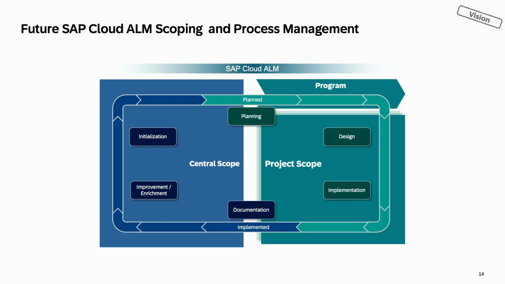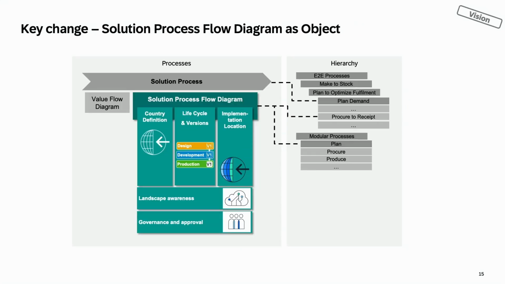Currently, it's implementation that you are able to scope on the country level, and we even think further. So with the lifecycle management and the changes we are going to do in this regard, the diagram will become more of a central object, meaning the solution process flow diagram will be the document to be lifecycled, to document your implementation, and to hold further attributes.